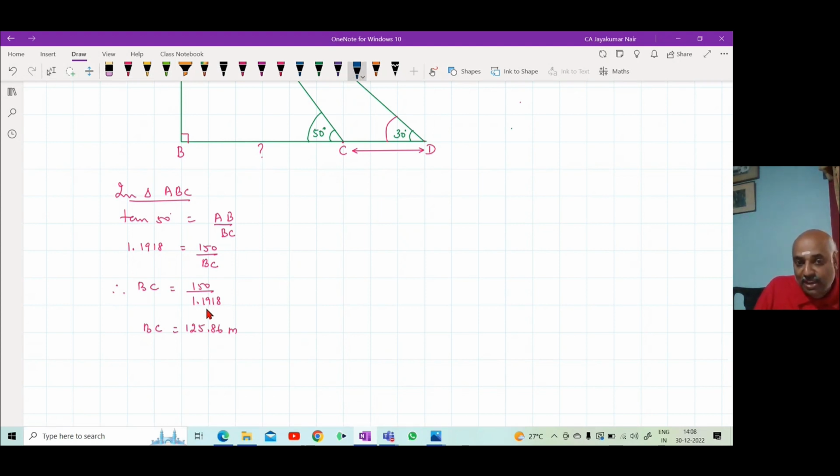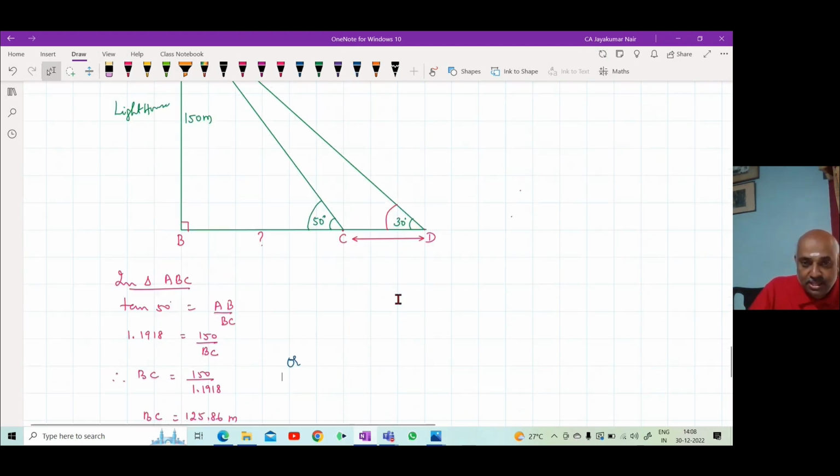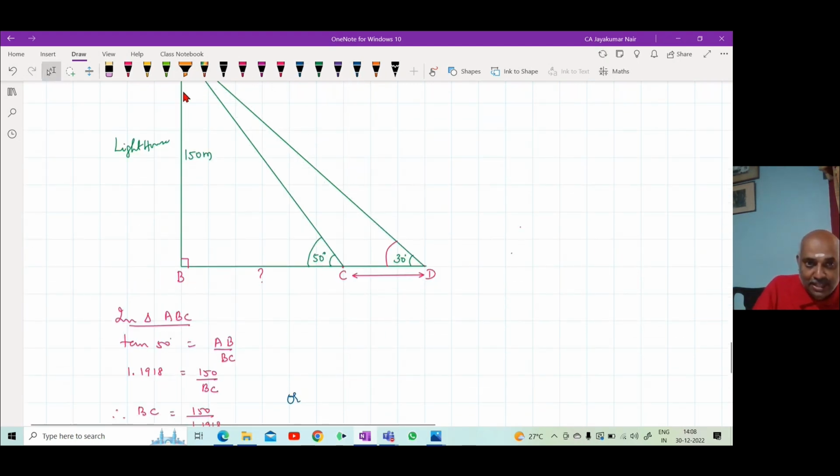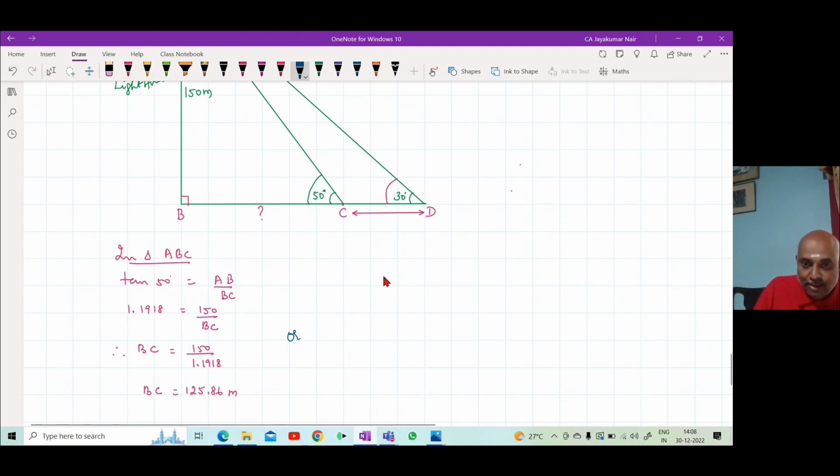Supposing you don't want to divide, because dividing 150 by this will take some time. Instead, I can do it the other way. If this angle is 50, that means this angle has to be 40. So find out what is tan 40 instead of tan 50. Tan 40 will be BC over AB. Look up the tan table.